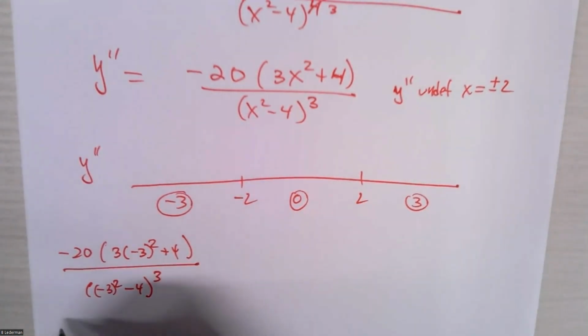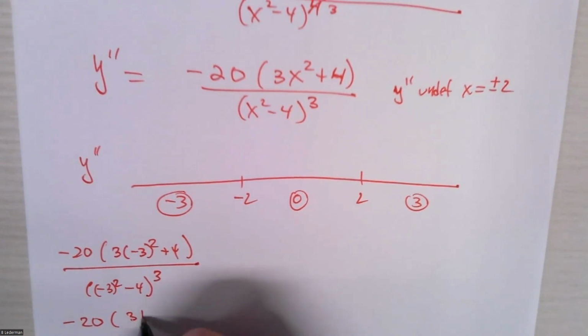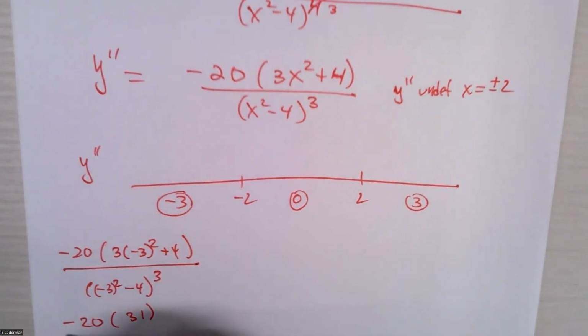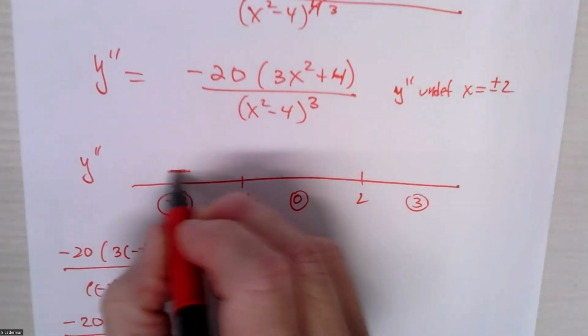So that is negative 20 times positive 27 plus 4, which is 31. And this is going to be positive 9 minus 4, which is 5 to the third power, 125. Anyway, bottom line, it's a negative number.